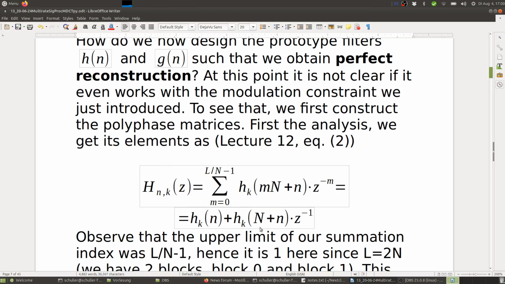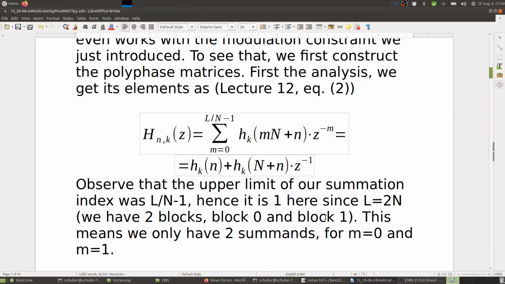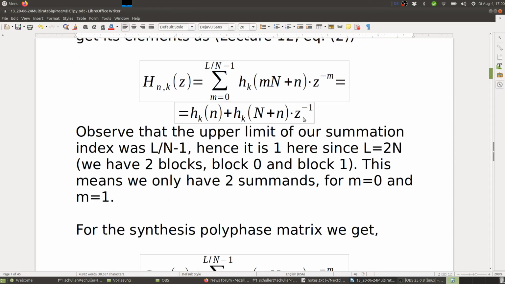Right, and since we know the impulse responses just have a length of 2 blocks, we just get 2 coefficients for our polynomials in those polyphase matrices. Yeah, so that actually makes it not too complicated.